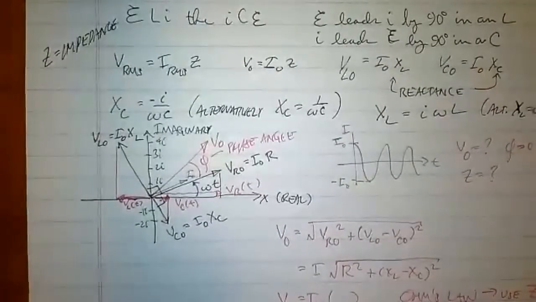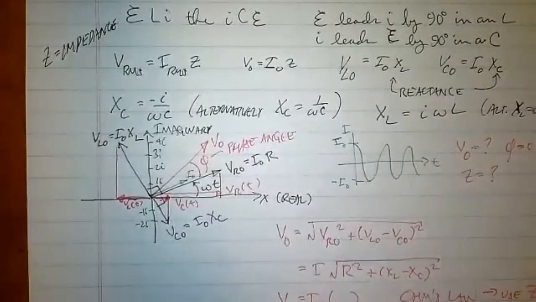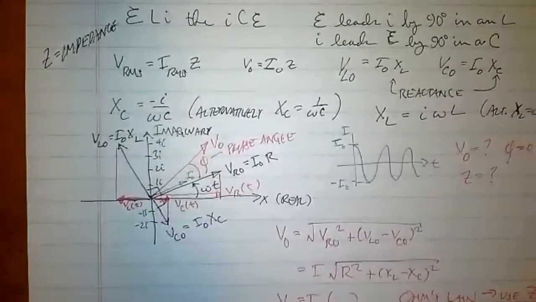So now I'm going to say omega is 2 pi f. So 2 pi times 500 hertz times L, which we said was 30.0 times 10 to the negative third henries. And obviously this is going to give me units of ohms.